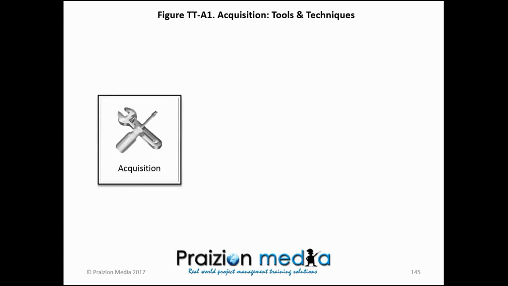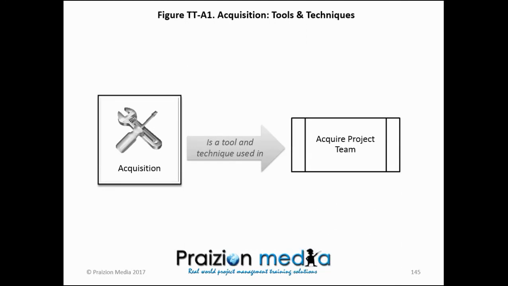So take a look. Acquisition. We're going alphabetically again. Acquisition is a tool and technique used in which process? Where do you use acquisition? Do you use it in acquire project team, or do you use it in conduct procurements? The answer is acquire project team. You see?